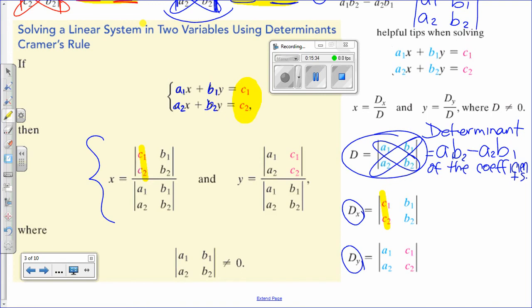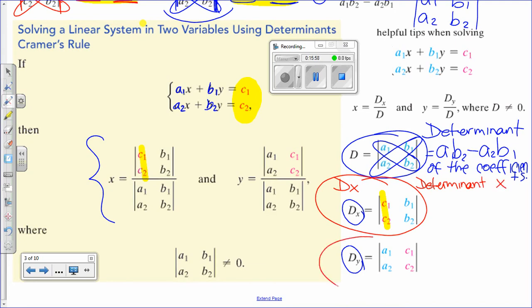You do that when you are finding d sub x. So I will be referring to this as the determinant x.